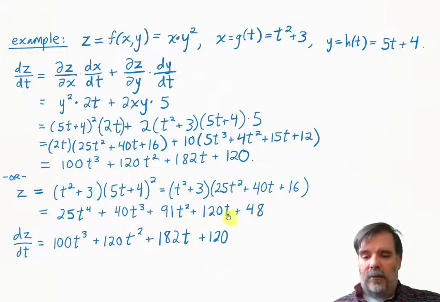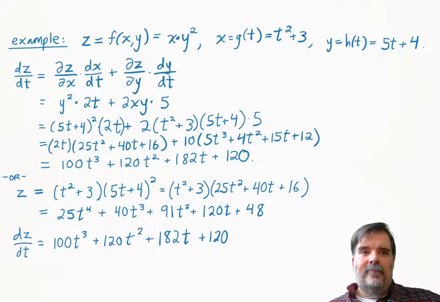We end up with this expression here, and then we calculate dz/dt in the ordinary way. It's just a bunch of power rule applications, and we find that the derivative we get precisely matches the derivative we calculated previously. And so there's more than one way to do this.